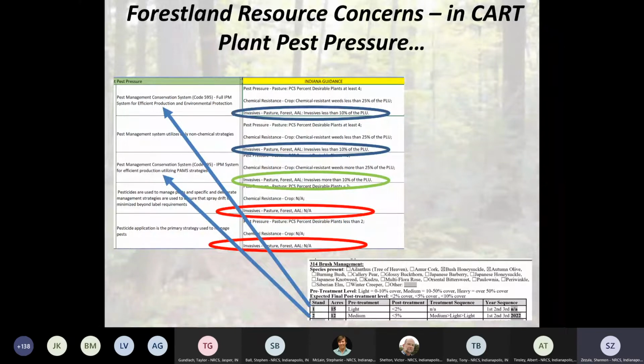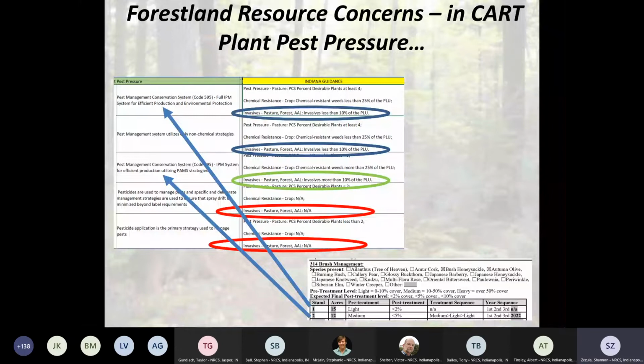The third category there is where we've determined that the invasives are more than 10% of the planting land unit. The last two we're saying don't use, and I'll tell you why. If you choose either of those last two, there is no way you can get to a met condition. There's no way you can get to the threshold for pest plant pressure using the system of practices we have available to help us with our invasives issues.